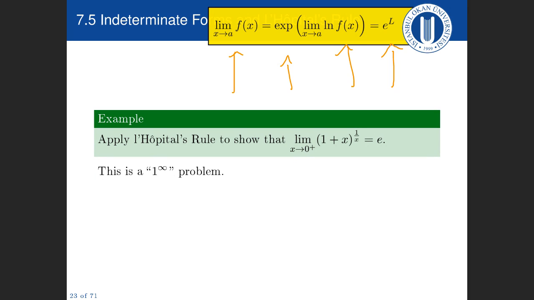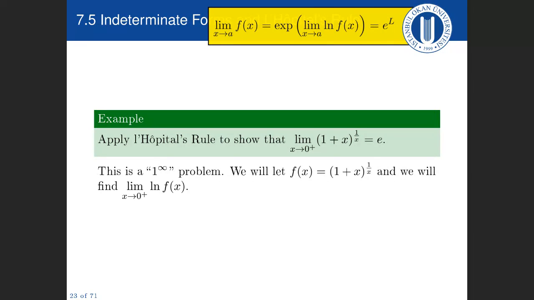Apply L'Hopital's rule to show that the limit as x tends to 0 from the right of 1 plus x to the power 1 over x is equal to e. This is a 1 to the power infinity problem. We're going to use the formula in the yellow box.